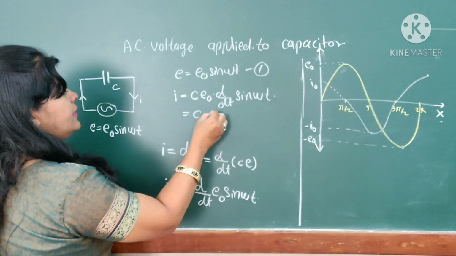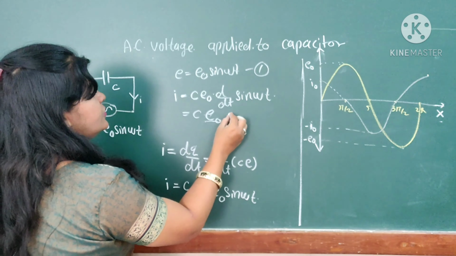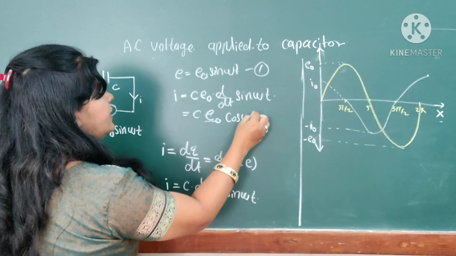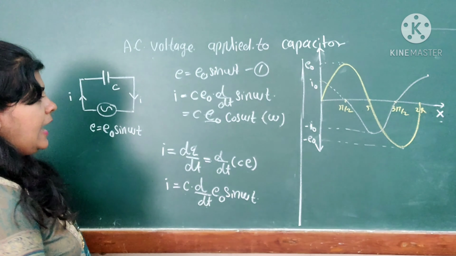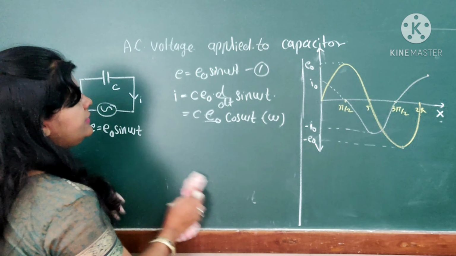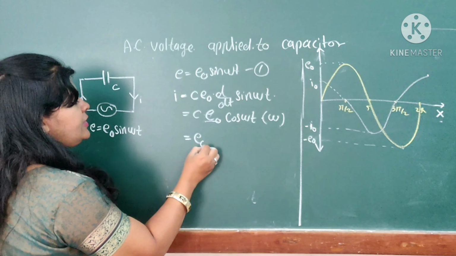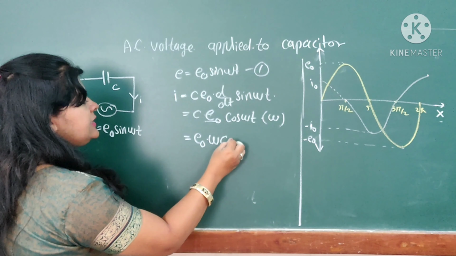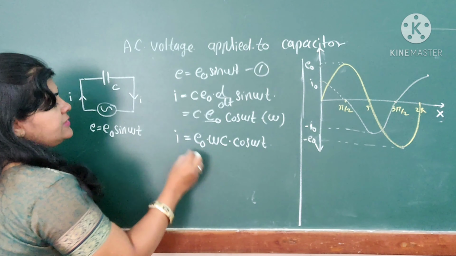The d by dt of the sine function gives us cos omega t into the constant omega. Then omega and C multiplied together give E naught into omega C into cos omega t, that is the instantaneous current going through it.